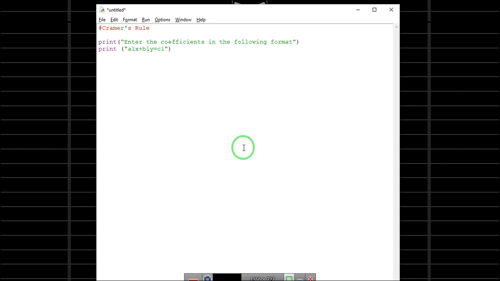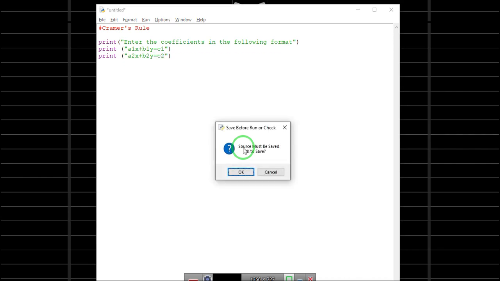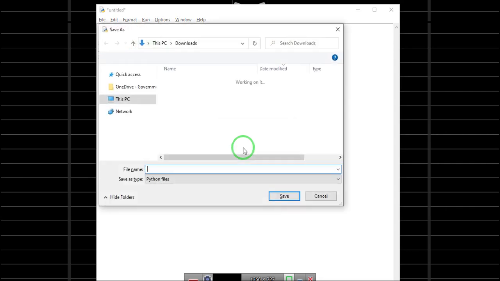That is our first equation, and let us write the second equation in the next line. Print a2x plus b2y equals c2. Okay, let's compile this. We will see how it goes.